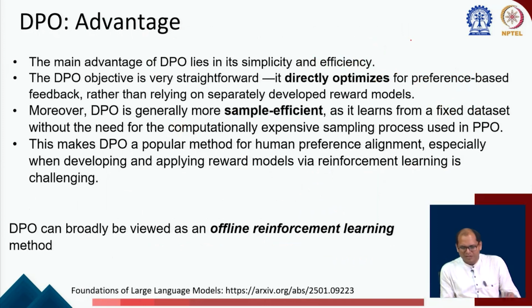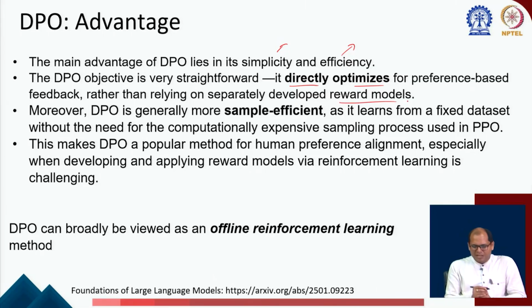Okay. Now the main advantages of DPO are simplicity and efficiency, as you can see. It is very straightforward because you directly optimize for the preference based feedback, right. You don't rely on a separate reward model. The reward is coming out analytically here, and it is more sample efficient because you already have fixed data on which you are training the model, while in PPO you have to do it at runtime.